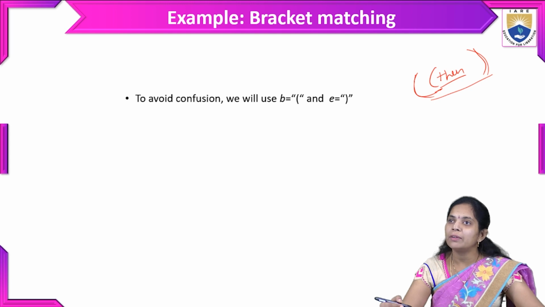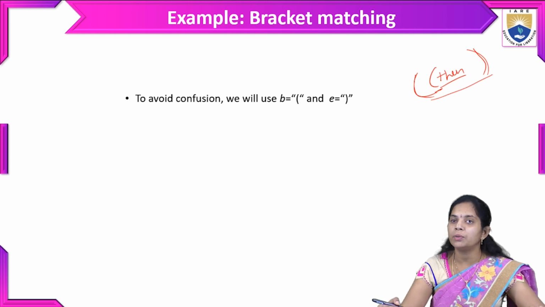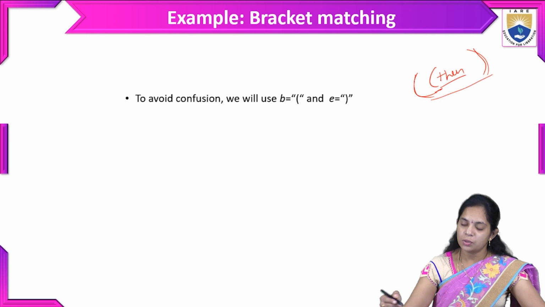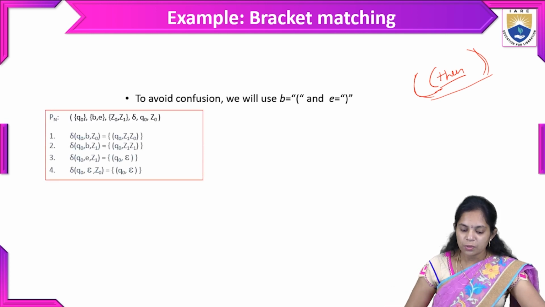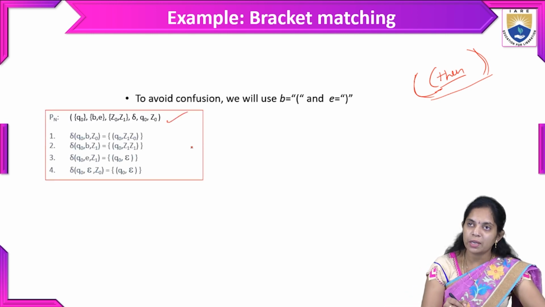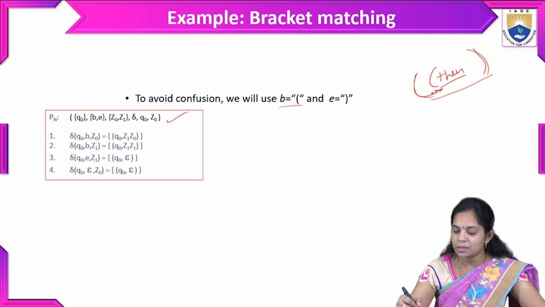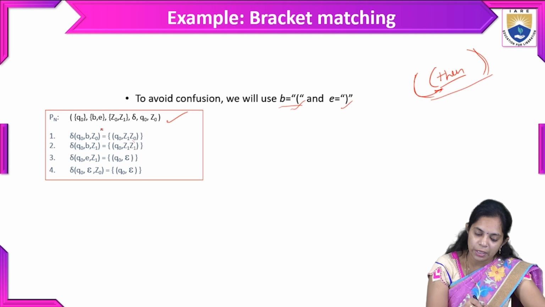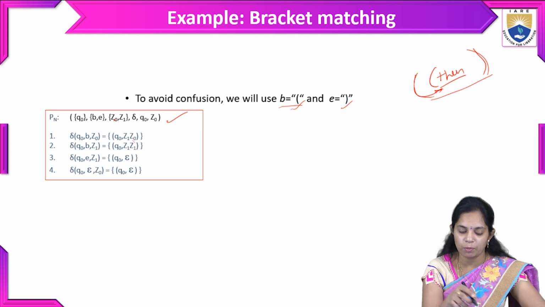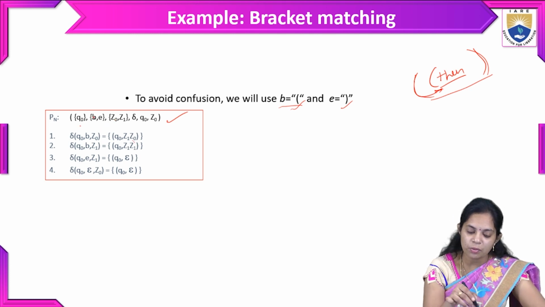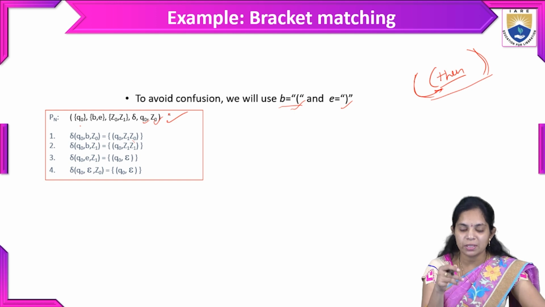So for this kind of grammar, how do we construct a pushdown automata? This is how we construct it, and we have to avoid confusion. So the starting brace is B and the ending brace is E. So E and B are the two input symbols we are giving, and Q is the only state we are taking, named Q naught, and Z naught is the initial top of the stack symbol.